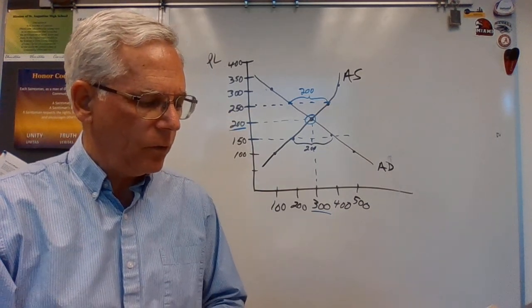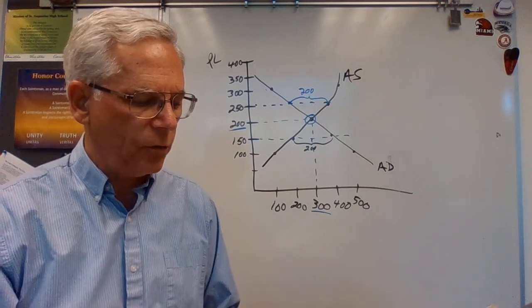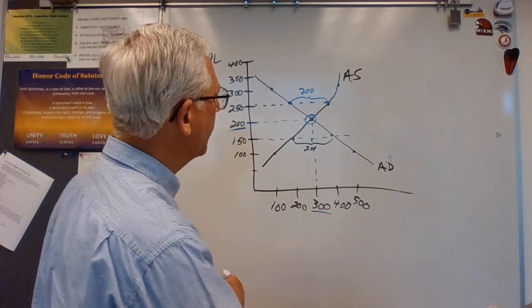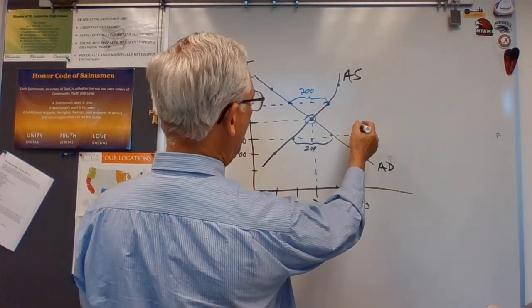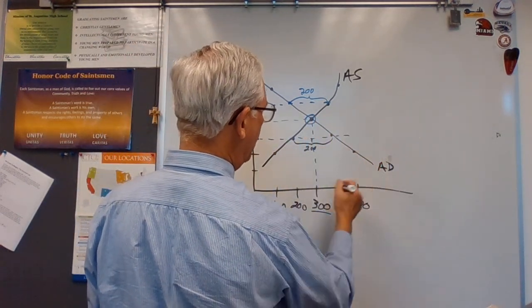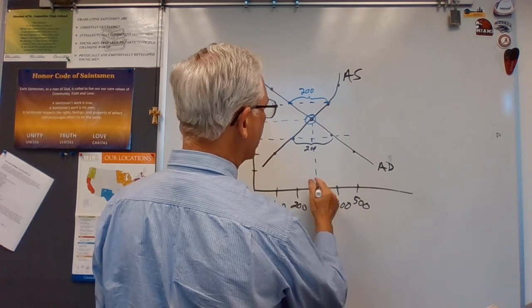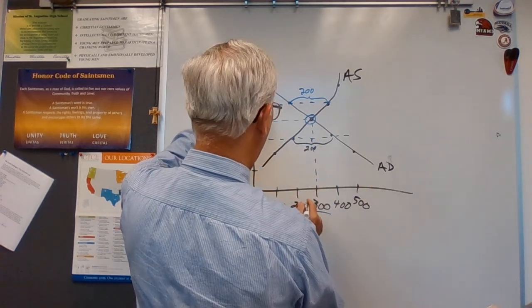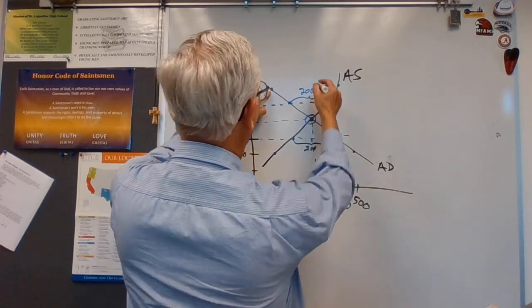And then C, suppose buyers desire to purchase 200 billion more at each level of output. So now we just move all of this over for the aggregate demand over to 200 billion, so that here we're at 300.